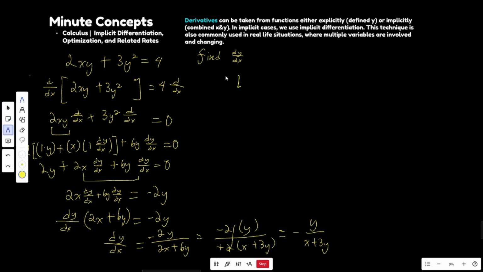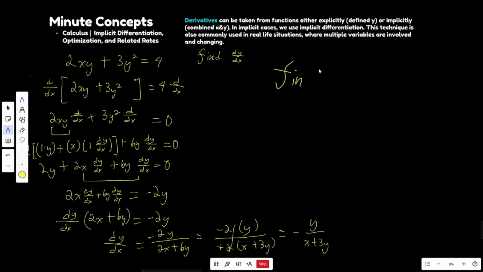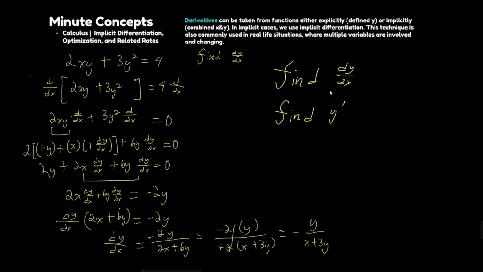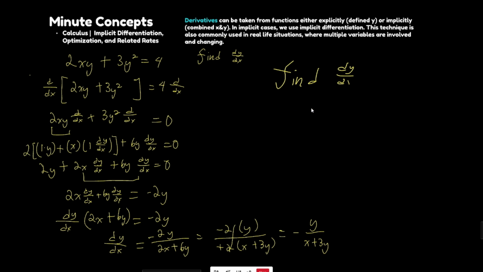Is it dy? Most of the time, they're gonna ask you, find dy over dx, or find y prime. Y prime means that it's the change in y. So this is basically the same. These two are equal. So if you find yourself in situations where you need to look for the derivative of an equation with two variables, this is essentially how you do it.